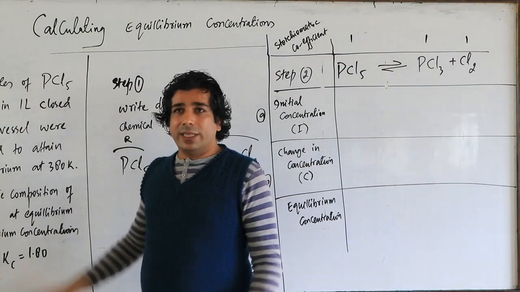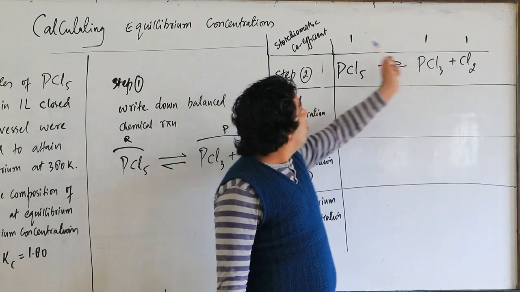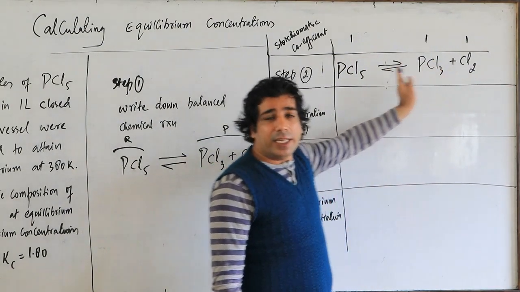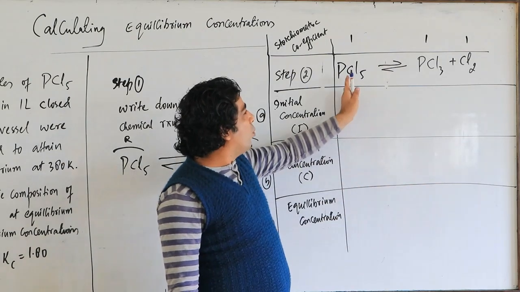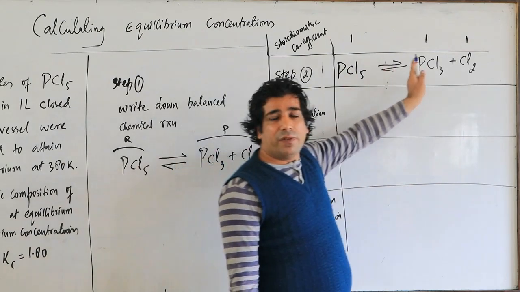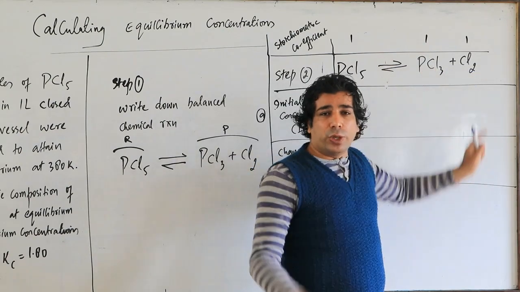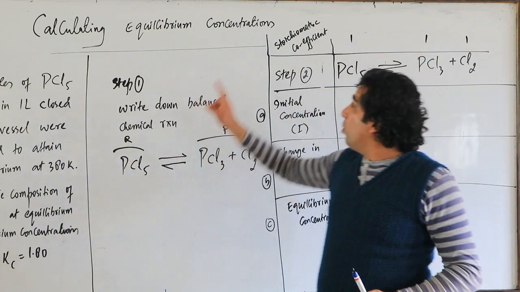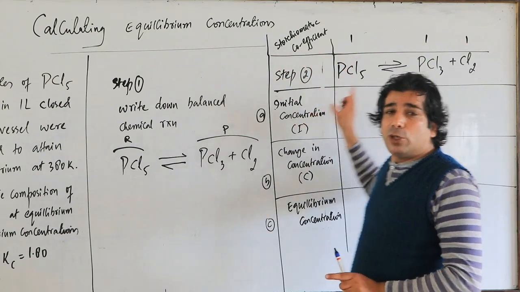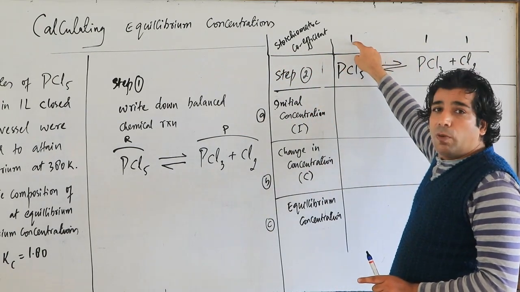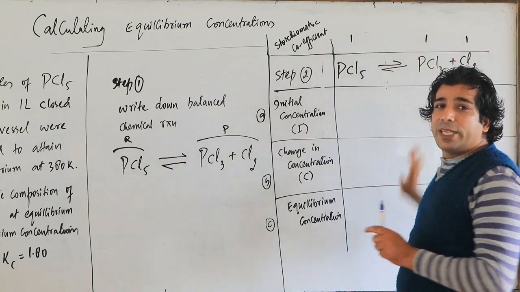This is not our data in the question. In our question, this data is not there. You have taken this data from the chemical reaction. In the chemical reaction, 1 mole of PCl5 can give you 1 mole of PCl3 and 1 mole of Cl2. So the ratio between the stoichiometric coefficients, between reactants and products, should be 1:1:1.